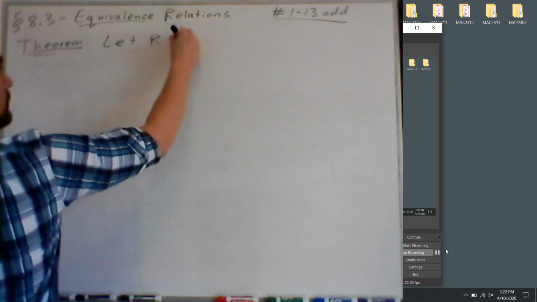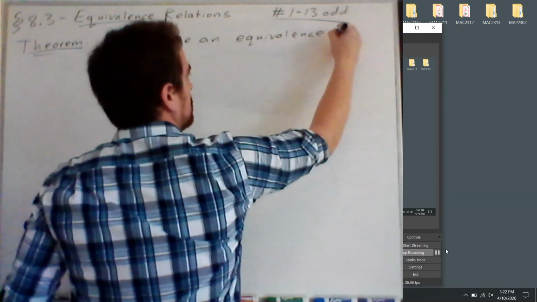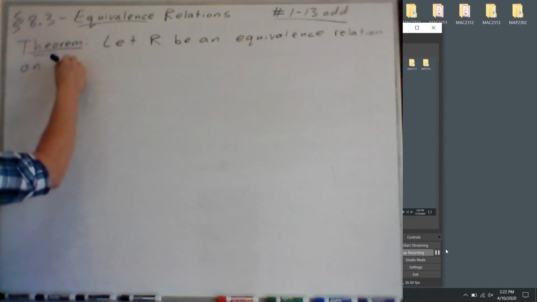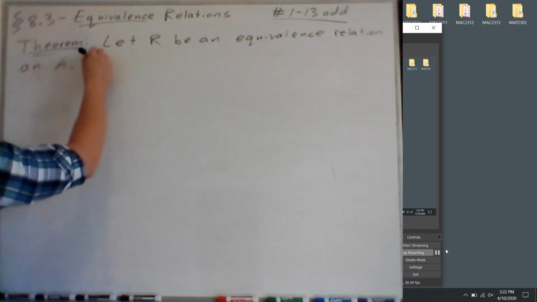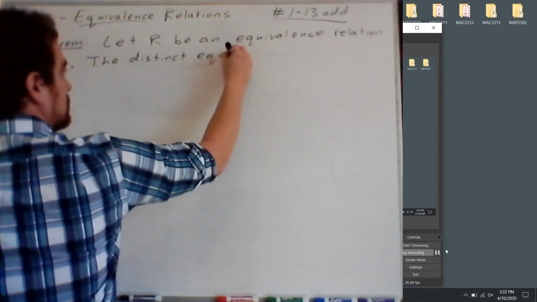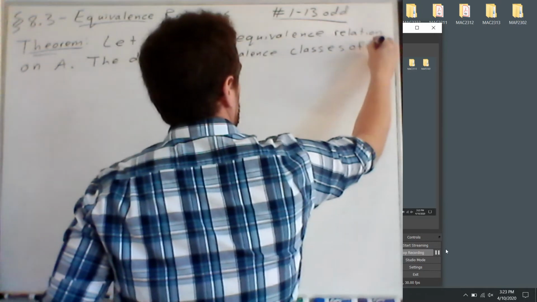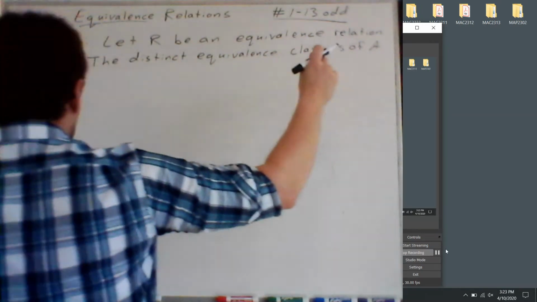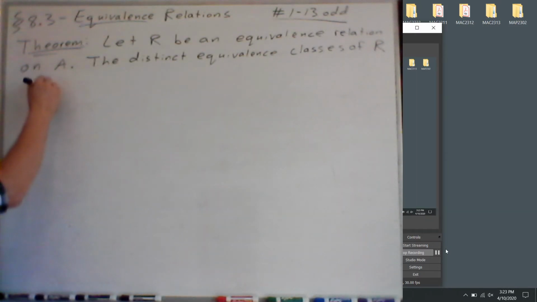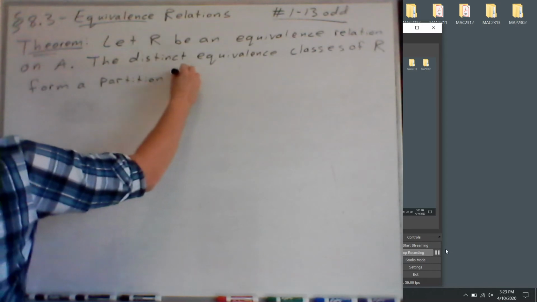Let R be an equivalence relation on set A. The distinct equivalence classes of the relation R form a partition of A.